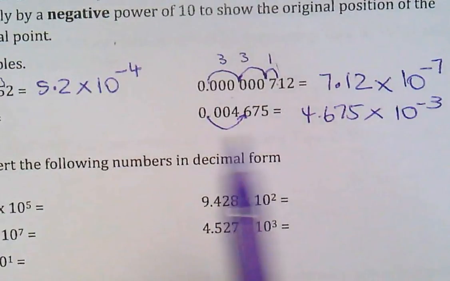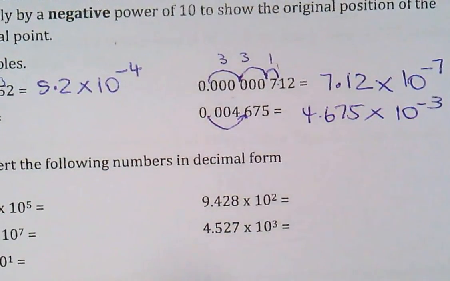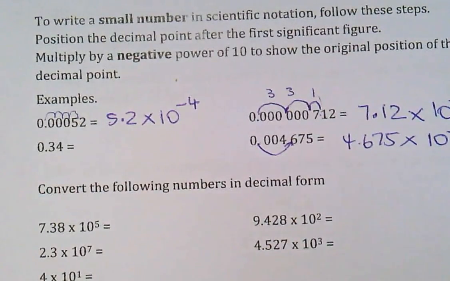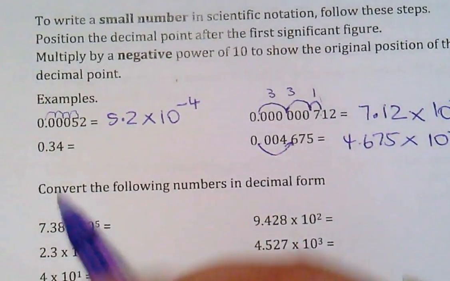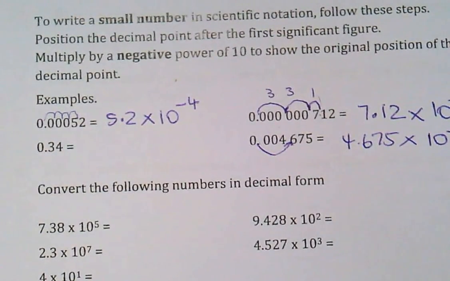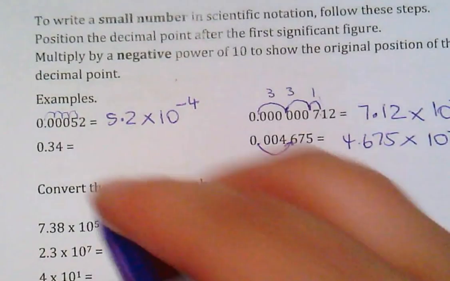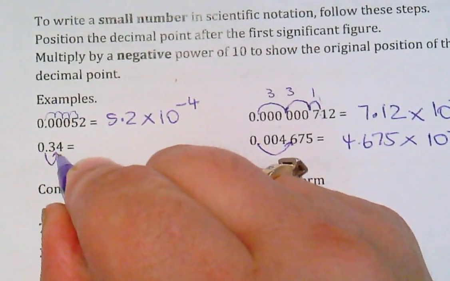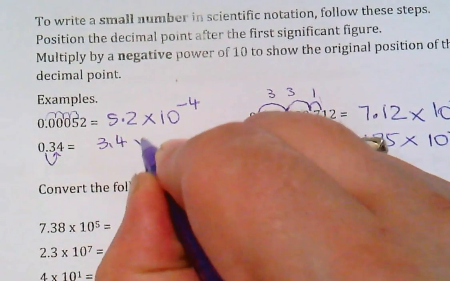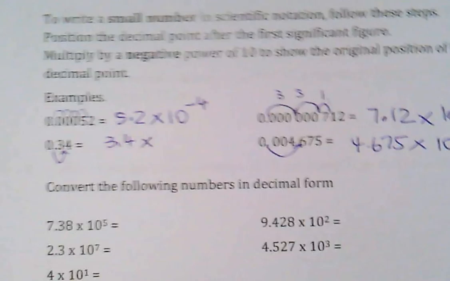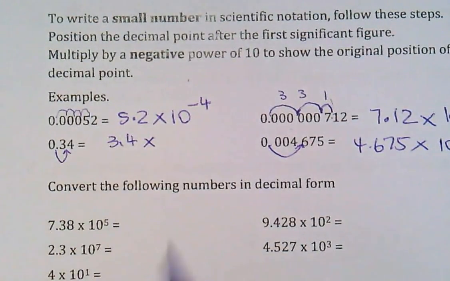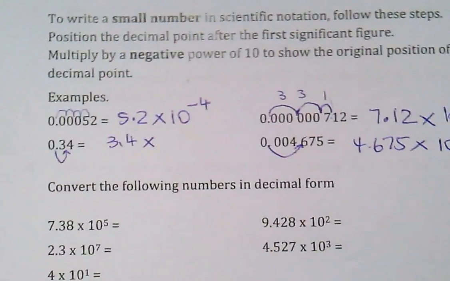So girls, any number less than 1 has a negative power. Number between 1 and 10. 0.34 is not a number between 1 and 10. What should it read? So 3.4. Now, is this number, so it's a small number, it's less than 1. If the number's less than 1, it's a small number.